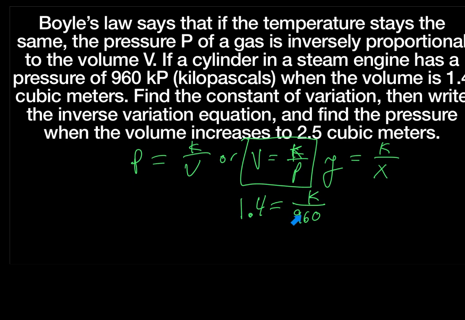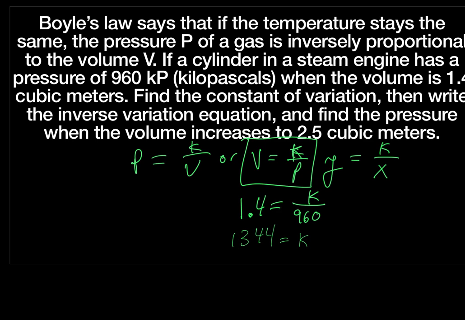This is where you have your calculators out. Got to solve for K, so I got to multiply both sides by 960. K equals 1.4 times 960, which is 1344. So that's my constant.